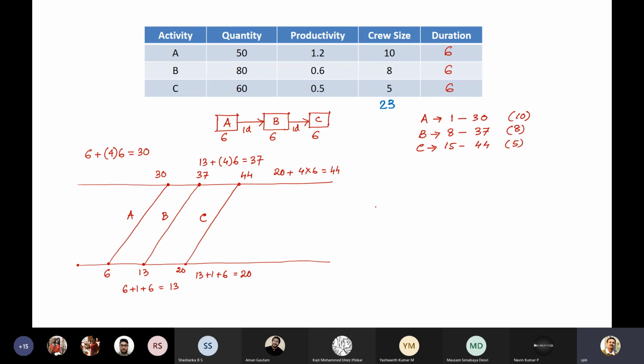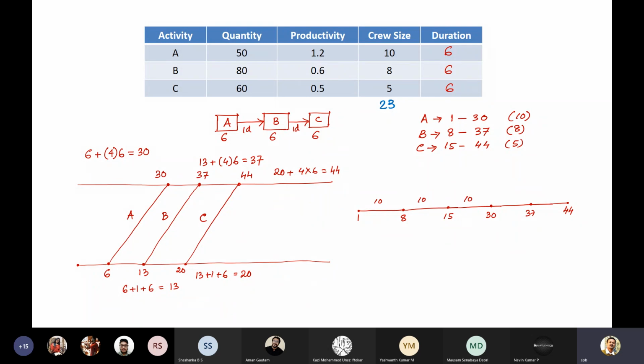Okay. So now let me do this. This is for the histogram. Let me draw the line. So this is your 1. The next number is 8. The next number is 15. The next number is 30. The next number is 37. And the final number is 44. You require 10 till 30, so this is 10, 10, 10.